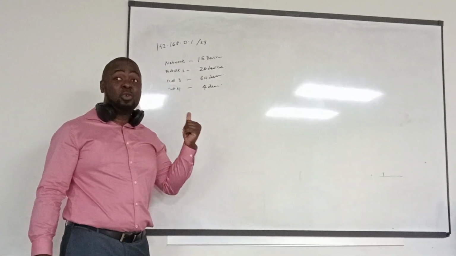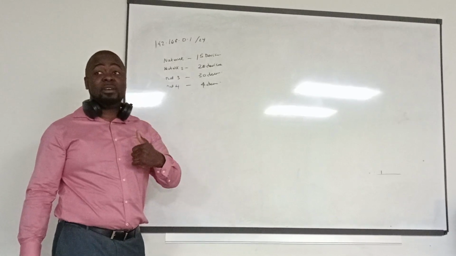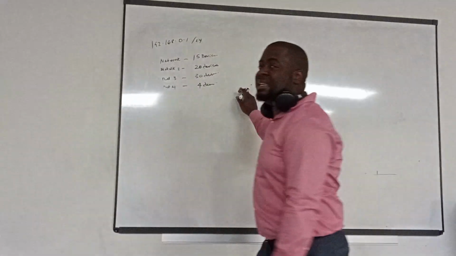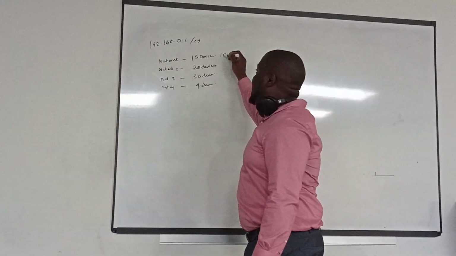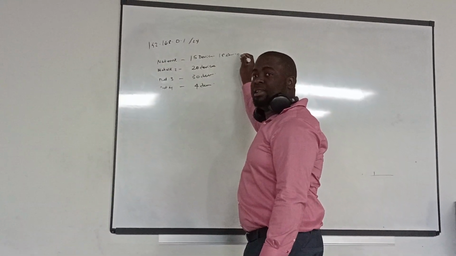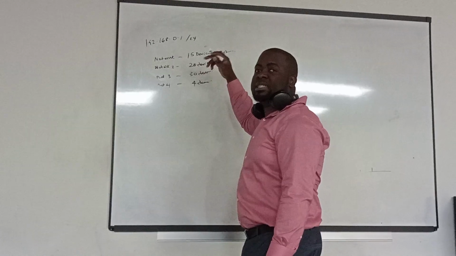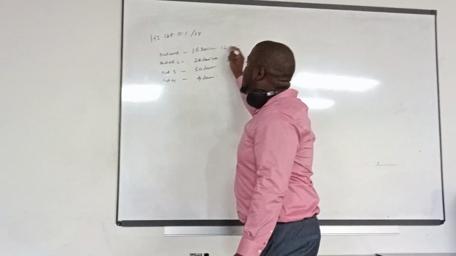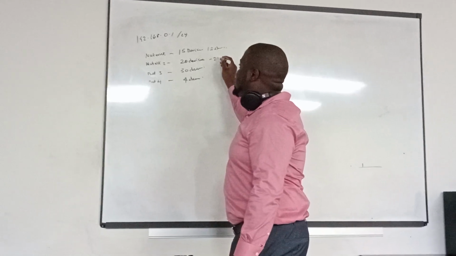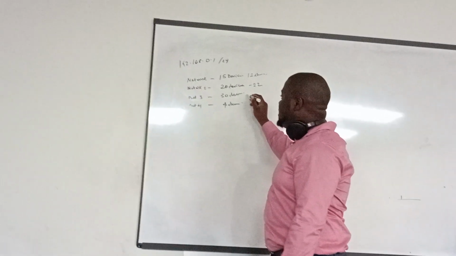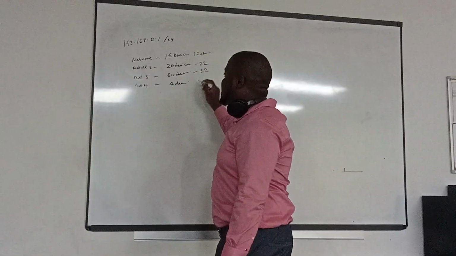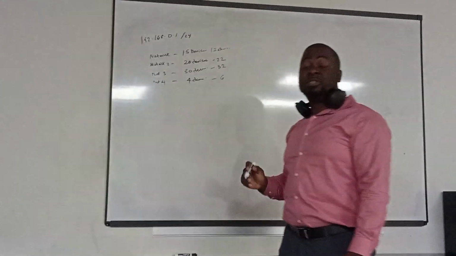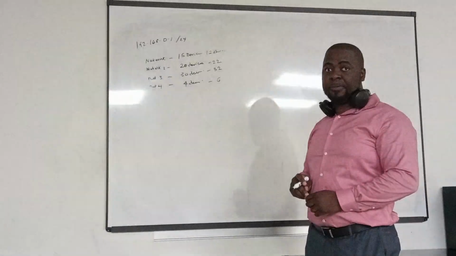So in this instance, network 1 will need at least 18 addresses, because if you do 15, 16, at least 17 addresses plus 2. So this one you need at least 22 addresses. This you need at least 32 addresses. This you need at least 6 addresses, right? That's what you need for each of these.